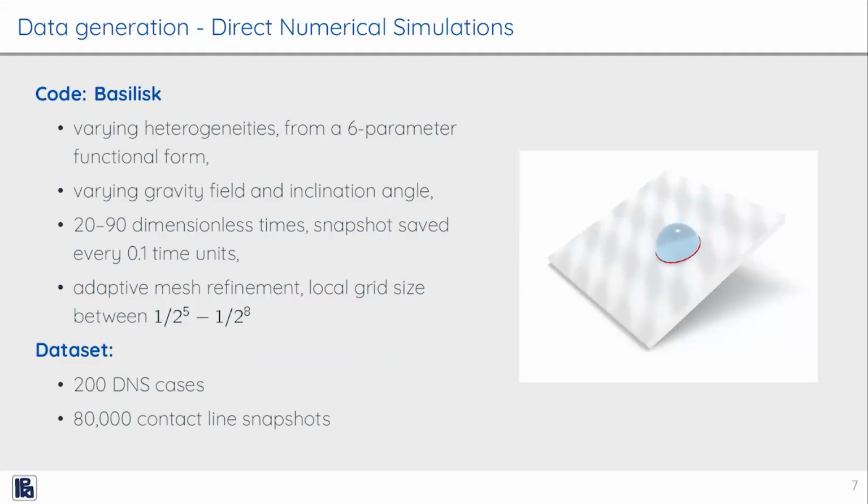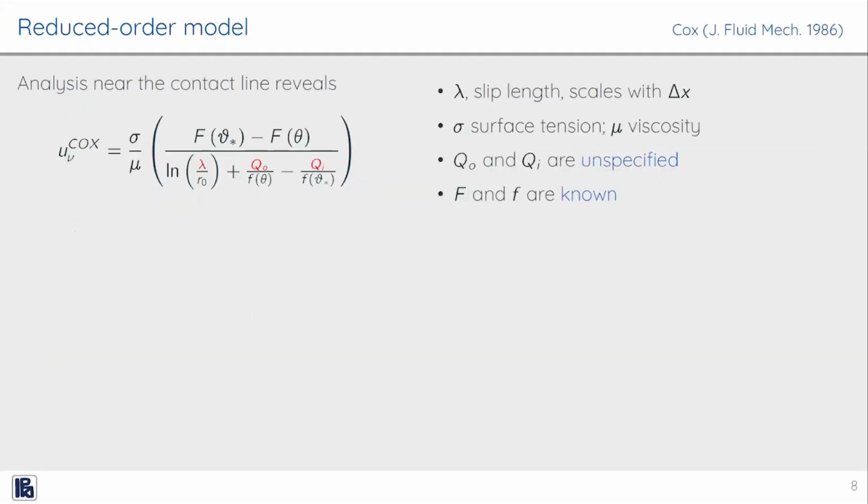So to generate our data set, we vary the heterogeneities on the surface using a functional form with 6 parameters, which we change randomly, as well as changing the gravity field and the inclination angle. Overall, we have generated 200 DNS cases with around 80,000 contact line snapshots to be used for the training of the machine learning model.